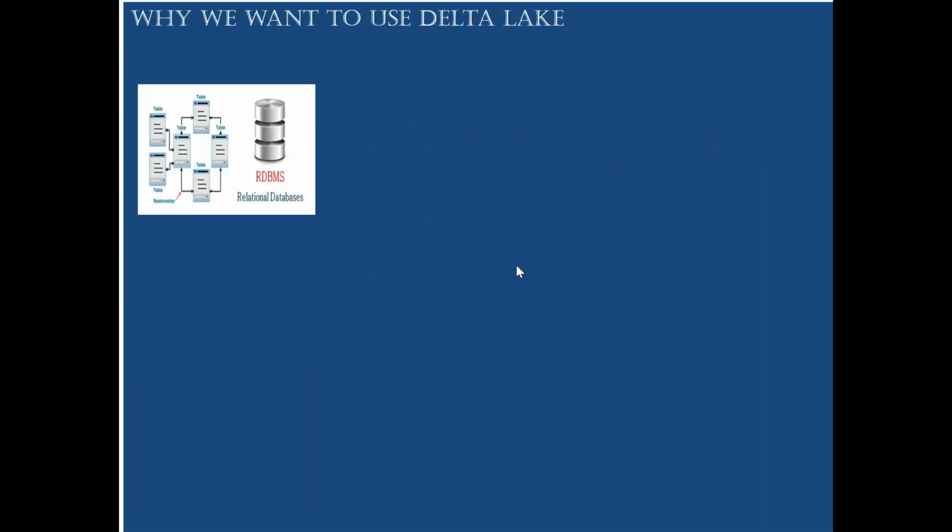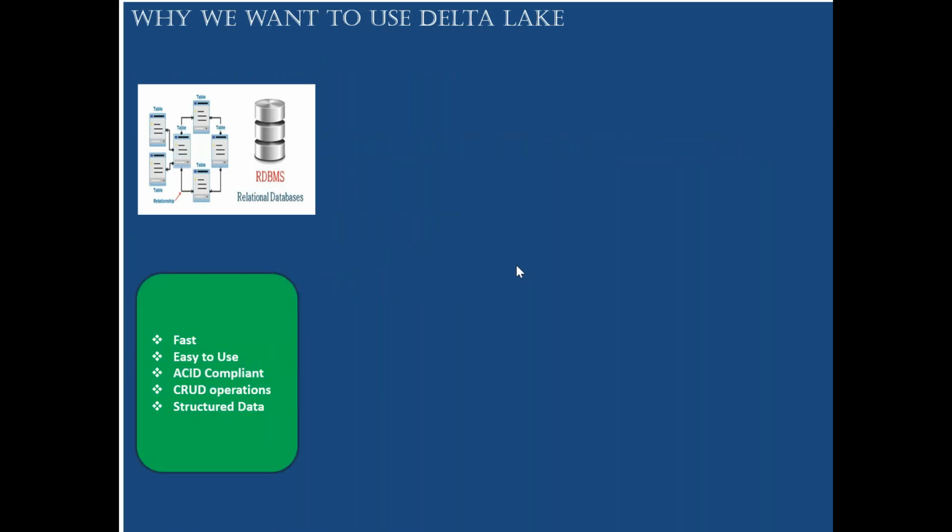Now, how did we evolve, and why are we going to Delta Lake? If you want to understand, initially we had database systems. Databases are very fast for querying, because we have indexing and a lot of other concepts for querying the data. It will be very quick and easy to use.